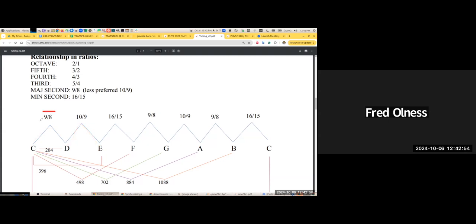So here we have the ideal second, and here we have a less ideal second. It's close and it's a nice ratio, but not quite. And then also, if you work it out, you find that E to F, the minor second, is a very nice 16-15.